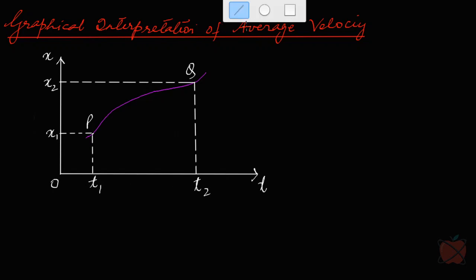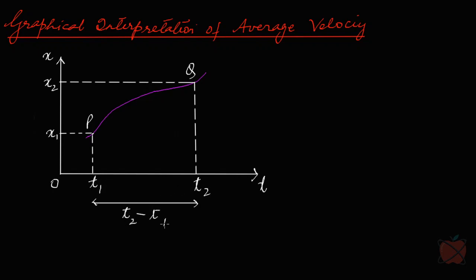That means in the time interval from t1 to t2. What will be this time interval? From 0 to this point is t2, and from here till here is t1, so only this gap will be t2 minus t1.